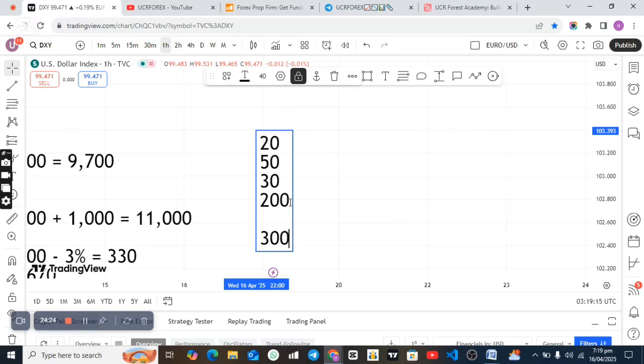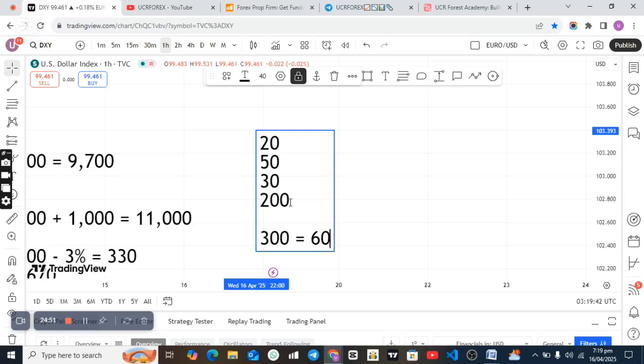So the total profit you made here is 300. Now they say that profit per trade should not be more than 20% of your total profit. So what is 20% of this total profit? The 20% of this 300, is it not 60? Because 10% of it is 30, so 20% of it is 60.